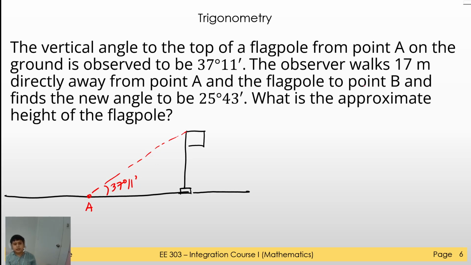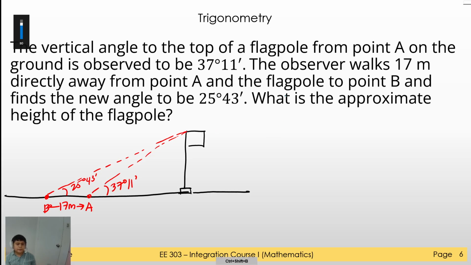Then the observer walked 17 meters away from point A. This will be your point B, and this will be 17 meters, the distance between these two. So we have another angle, looking at the top of the flagpole, which is 25 degrees and 43 minutes.